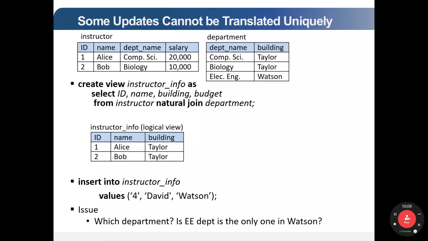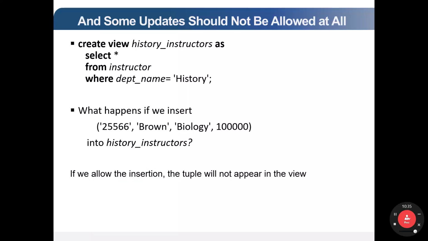So most DBMS doesn't allow you to insert records into a view if the view is defined using join operation. If the view is defined using a very simple query, then insertion is allowed. But if the view has some complicated operations like a join operation, then insertion is not allowed.